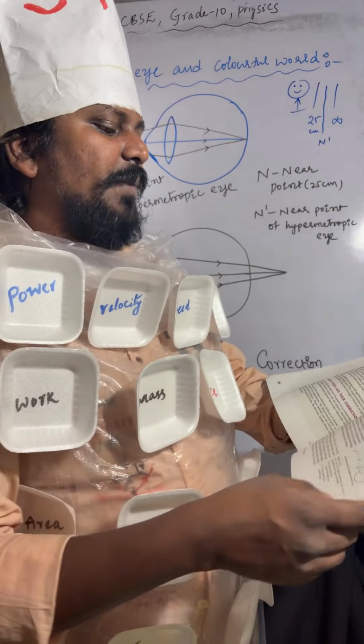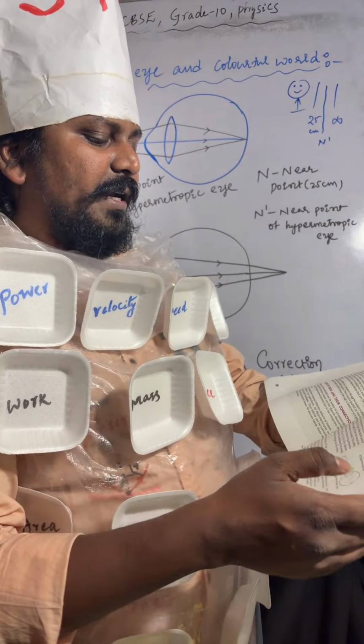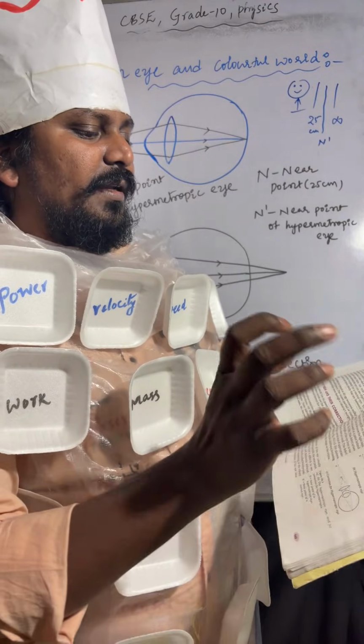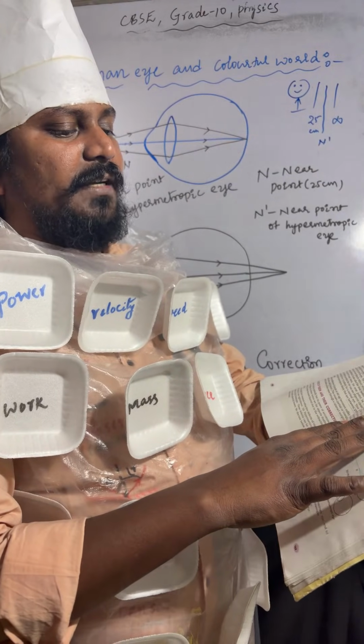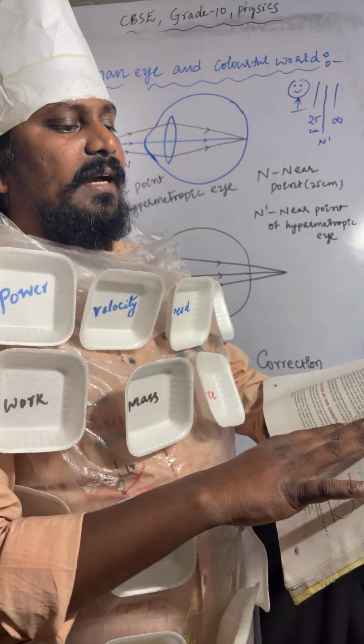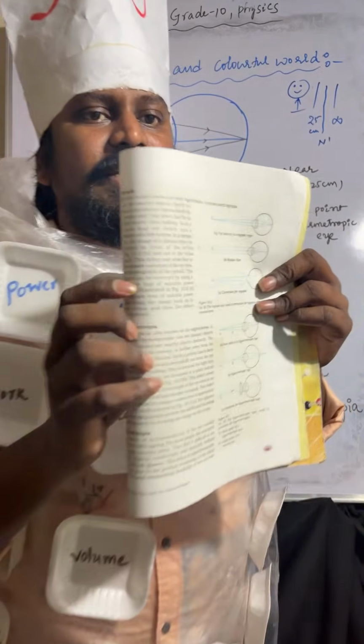Near point of hypermetropic eye. Correction of hypermetropia. Check once here. These are the diagrams. Yes, this is the first diagram. You can check the first diagram.